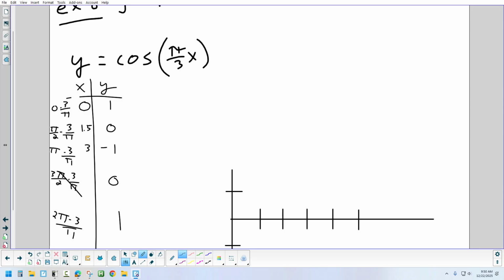You split 9 in half, 4.5. And then the last one, 6. And we get a nice pattern. It goes up 1.5 each time.